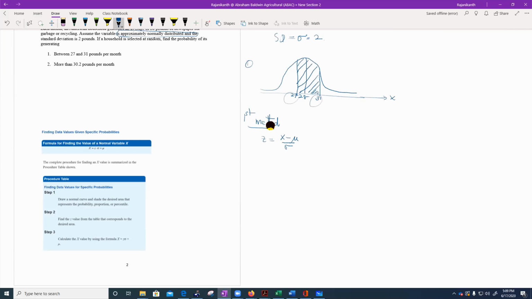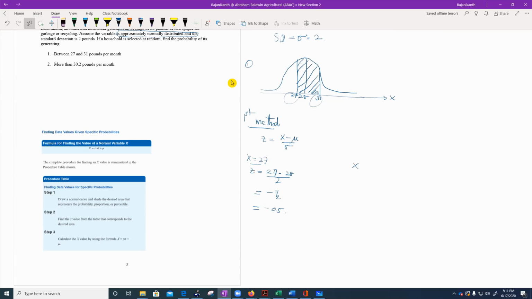So you need to change those two into z. First, when x is 27, I'm replacing x by 27. We know the mean for the problem is 28 and the standard deviation is 2 for this problem. Therefore, you need to divide by 2. So that is negative 1 over 2, so negative 0.5. Okay, so that is one value.